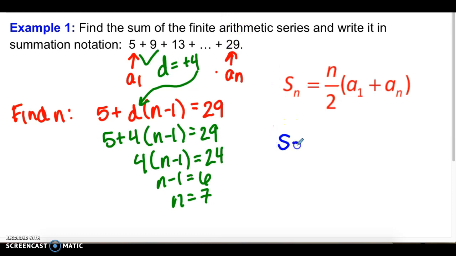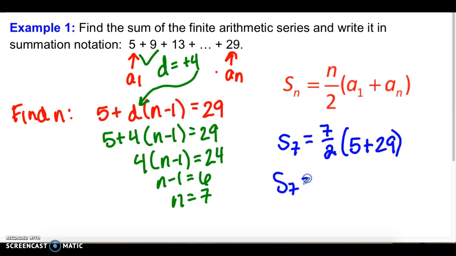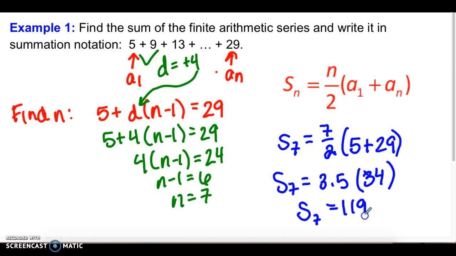Now we're ready to plug that into the equation. The sum of 7 terms is 7 divided by 2 times the first term, which is 5, plus the last term, which is 29. So the sum of the 7 terms is equal to 3.5 times 34, which is 119.